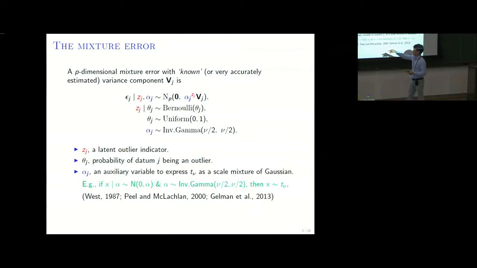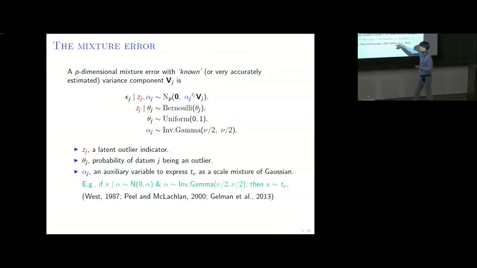And alpha j is called an auxiliary variable that expresses the T distribution as a scale mixture of Gaussian and inverse gamma distribution. It can be tricky, so I prepared one example. Suppose this random variable x follows a Gaussian distribution whose variance is alpha.